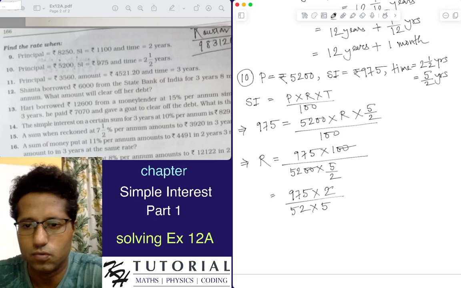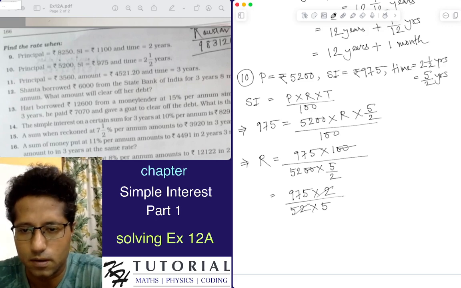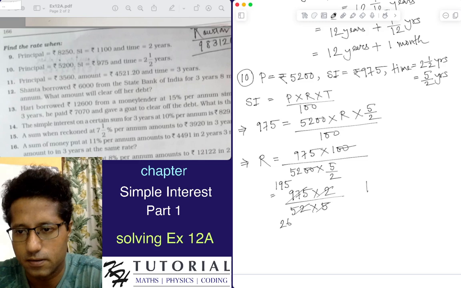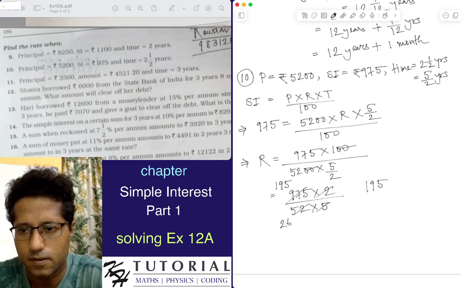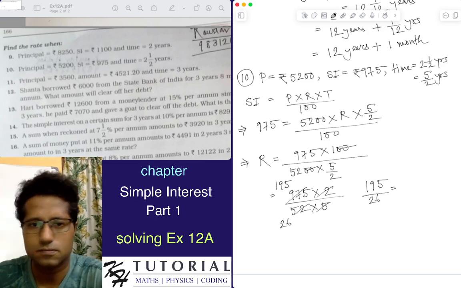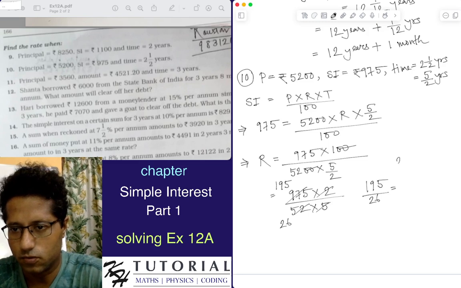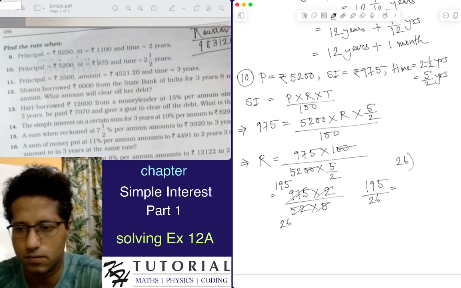Now 2 will divide 52 with 26 and 5 will divide 975 with 195. So this is 195 by 26. Now this is how much? Okay, so we have to convert this into a mixed fraction.